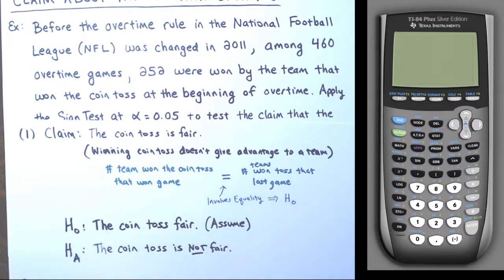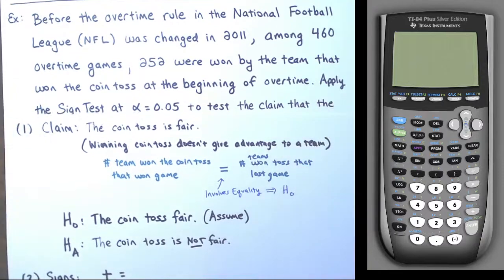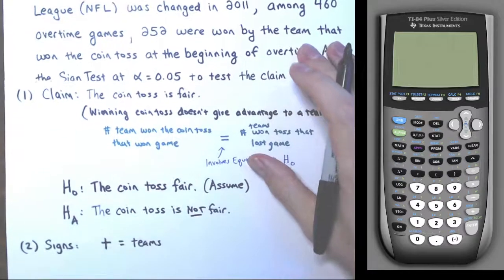assign the signs. All right, so this time I'm going to say plus sign is for teams that won the game when they won the coin toss. It's like a positive outcome. Again, you assign them however you like, really.